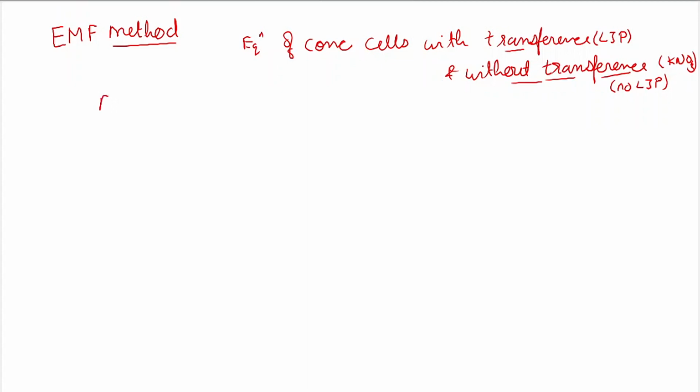So first we will look at the equation for the EMF of the cell without transference, that is, when the liquid junction potential is not formed and we are using a KNO3 salt bridge.